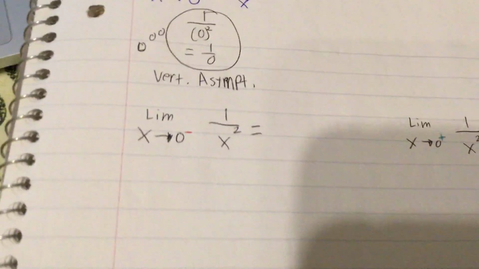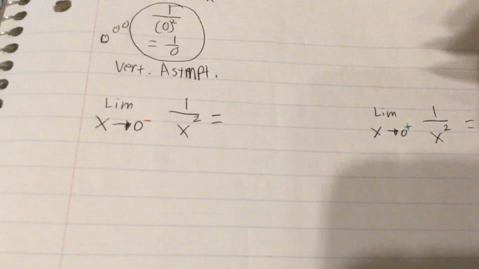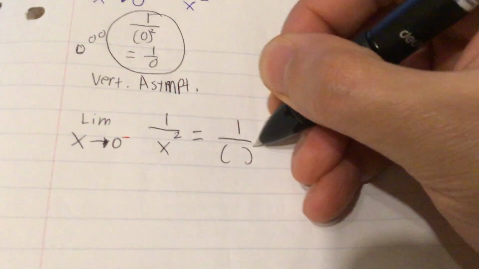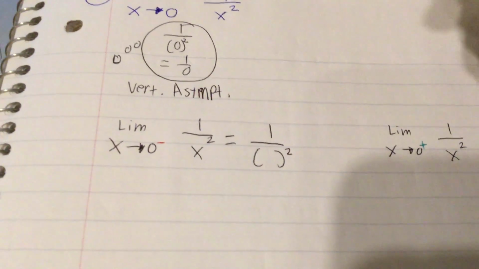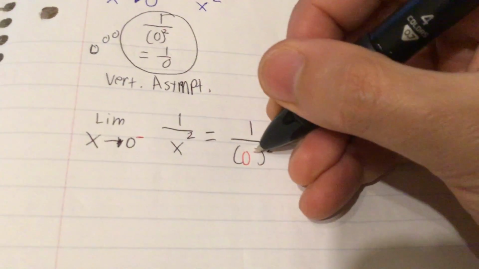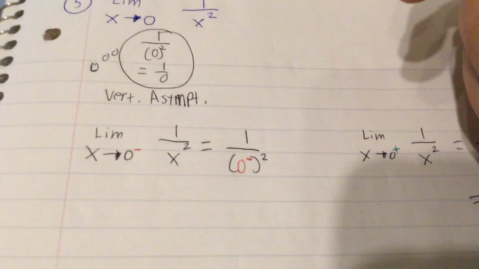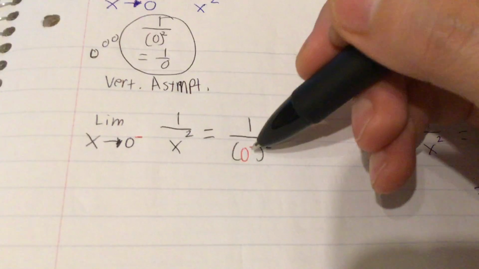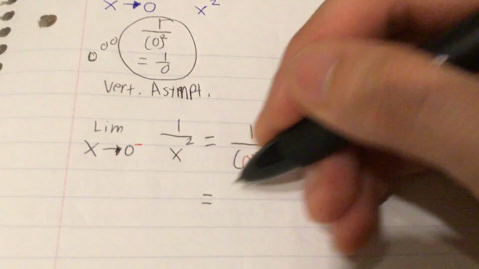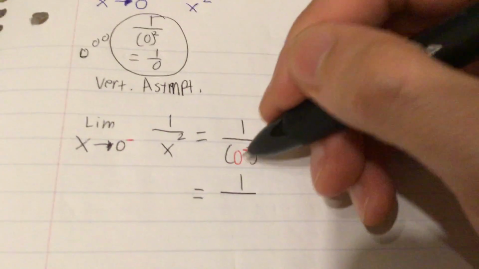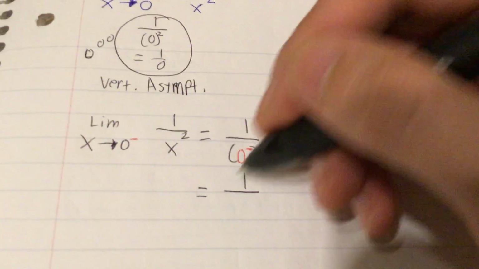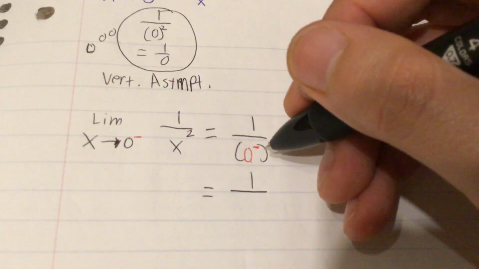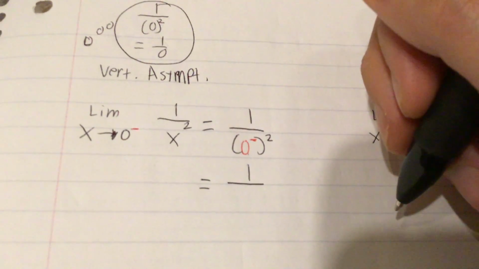Okay, now this is what confused me in college. So I'm going to plug in 1 over the left side of 0 getting squared. So think negative 0.001, and then that's going to get squared. Well, remember, this is a negative inside. If we have a negative quantity getting squared, that means that the end result is going to be positive.